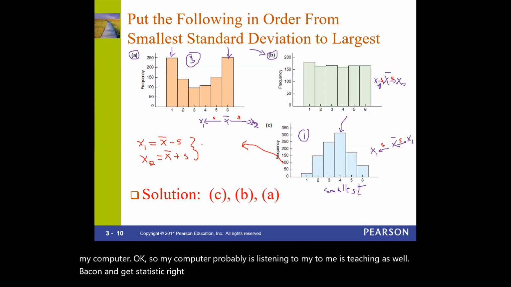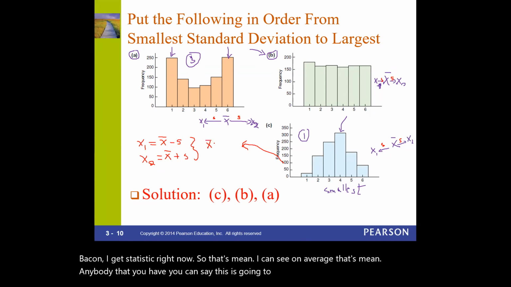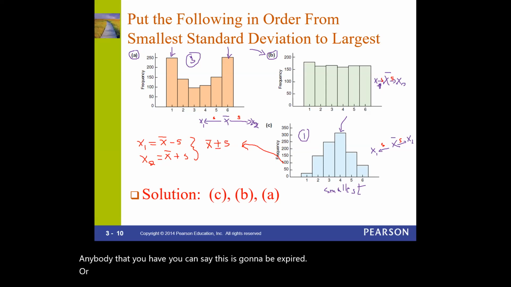So that means I can say, on average, any value that you have is going to be x bar plus or minus s, okay?